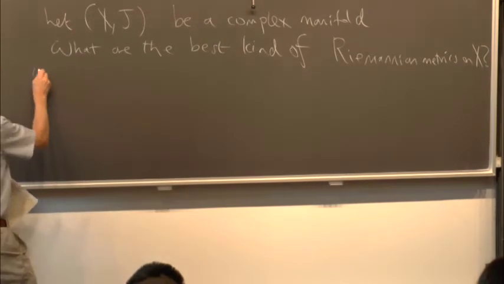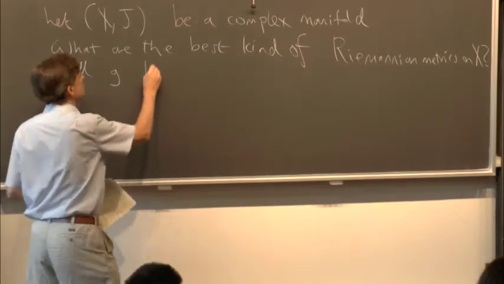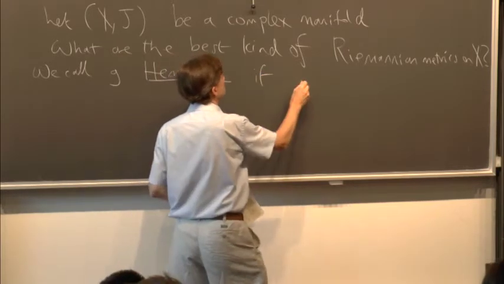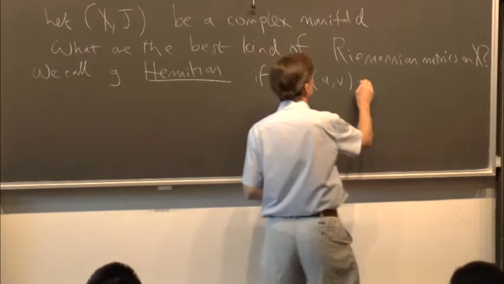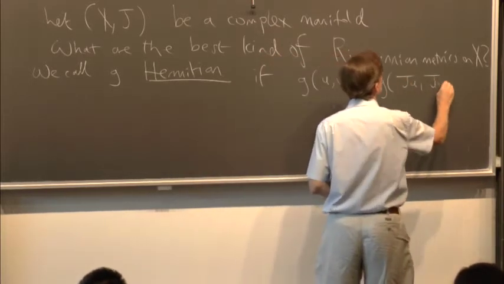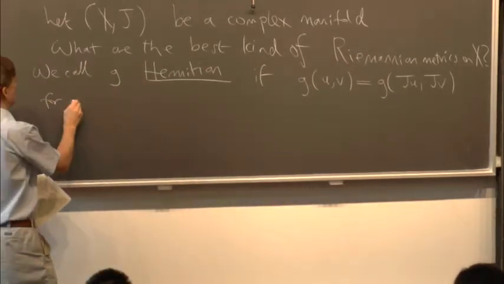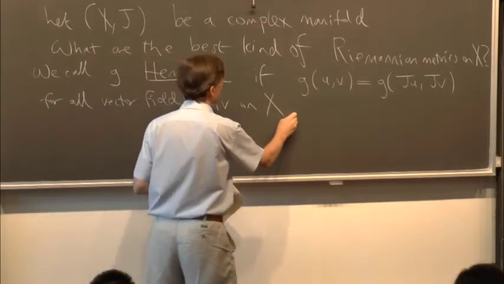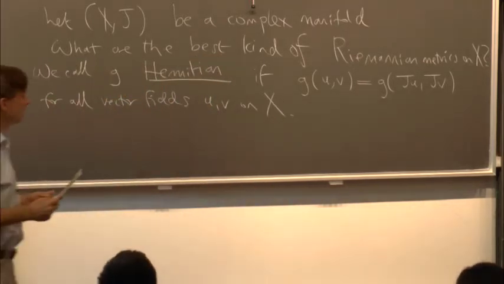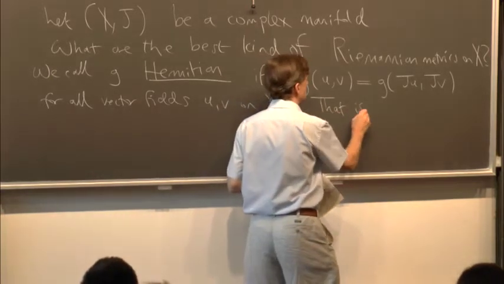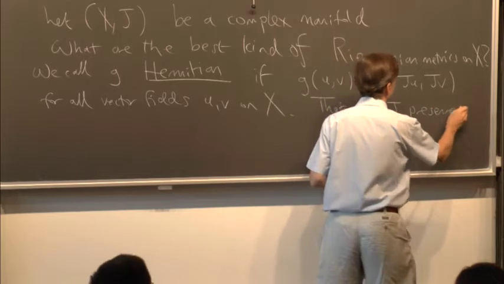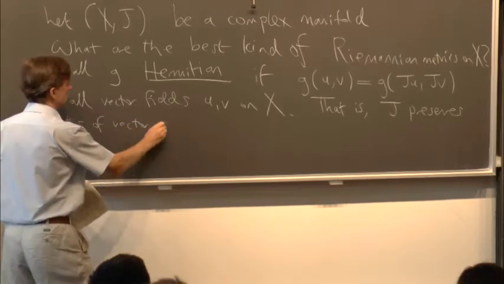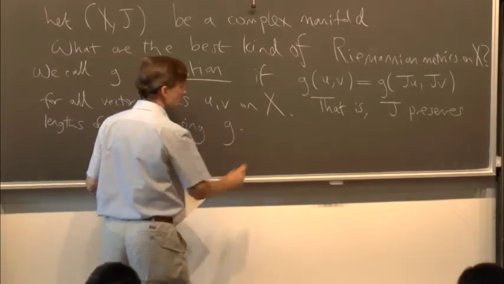Firstly, we call g Hermitian if g(u, v) equals g(Ju, Jv) for all vector fields u and v on our manifold X. That means that J is an isometry, so J preserves the lengths of vectors using g. That's just a pointwise condition.